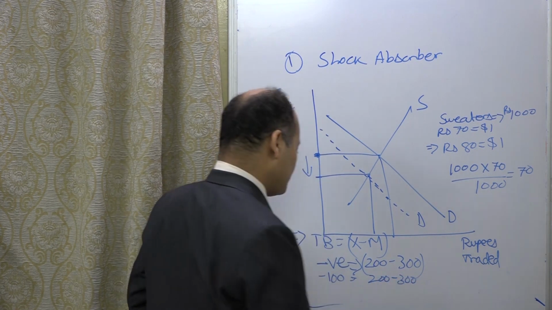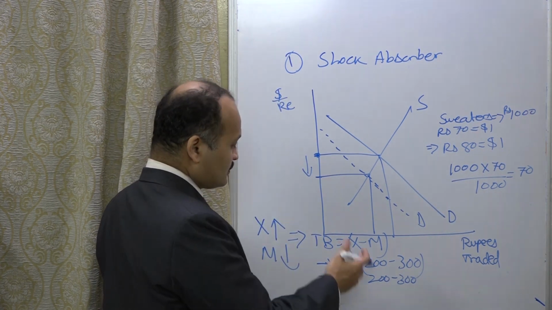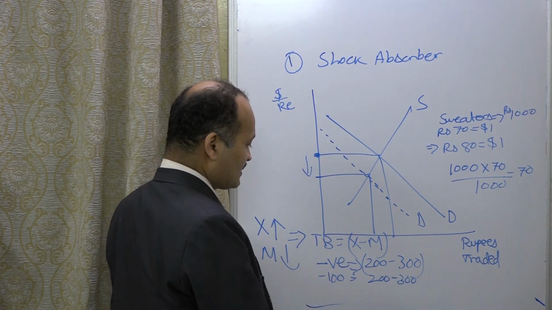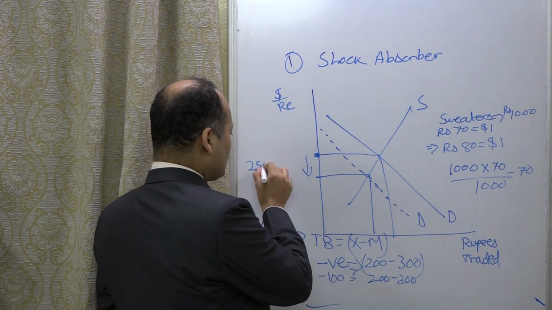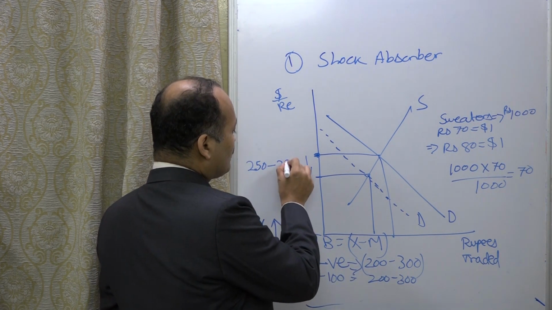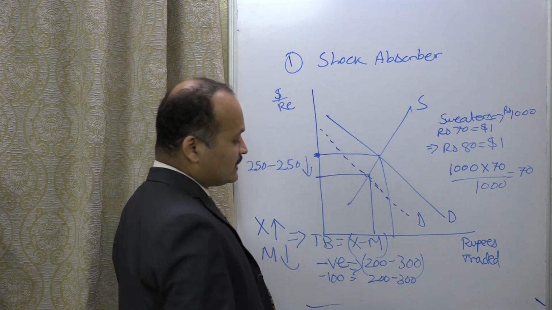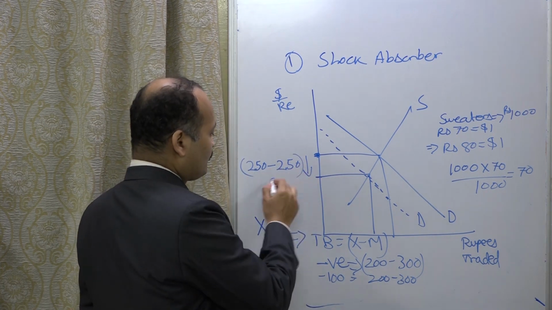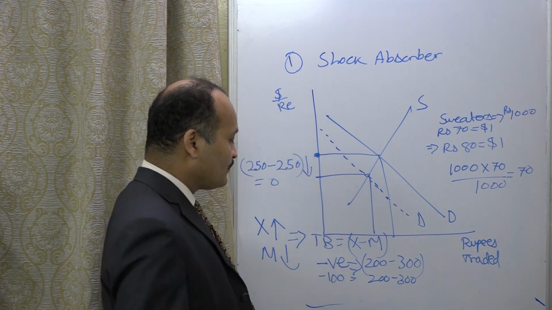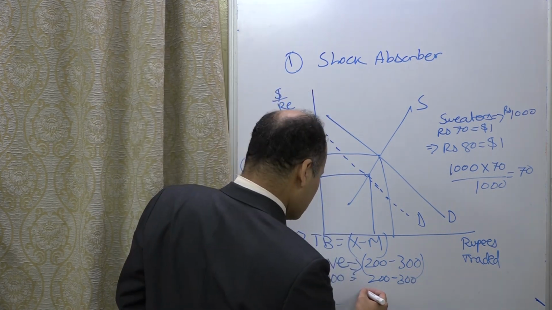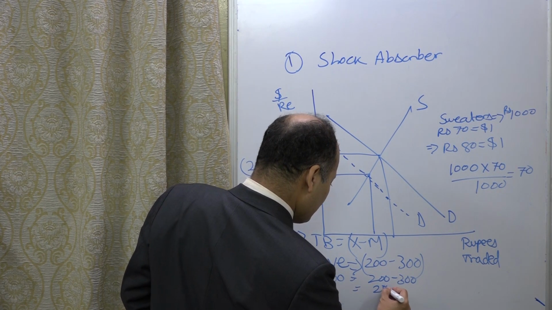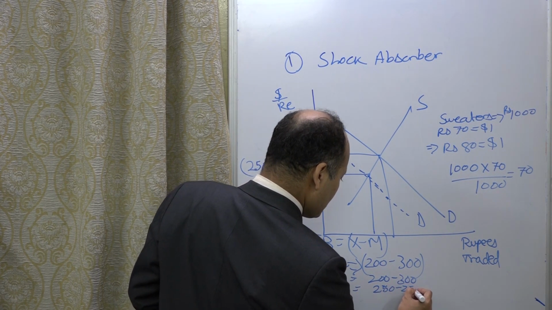Now what I am saying is that this trade deficit can be corrected if my exports increase from 200 to 250 and imports drop from 300 to 250, so we will get a zero trade balance. In other words, these numbers will now be 250 minus 250.